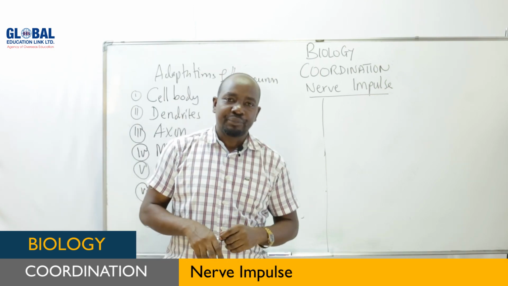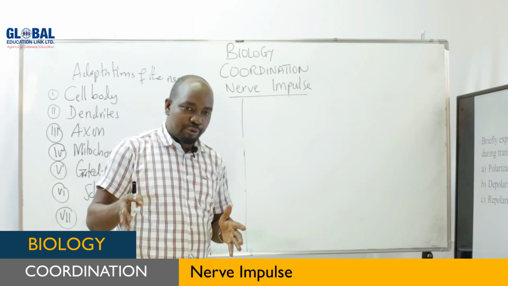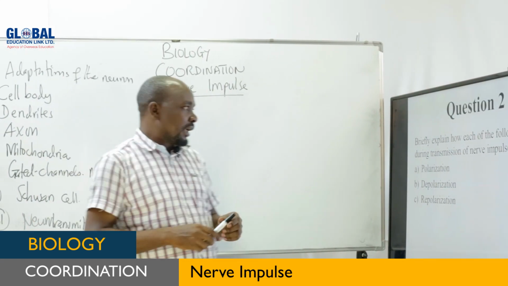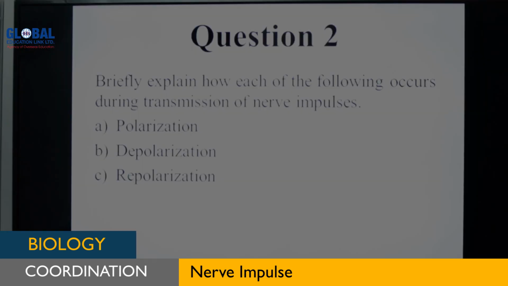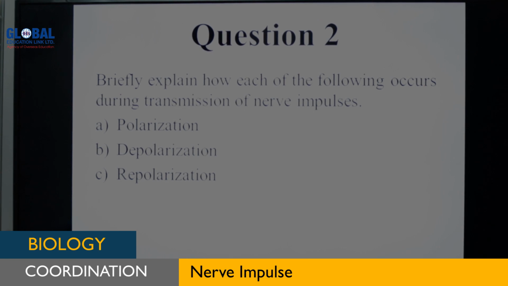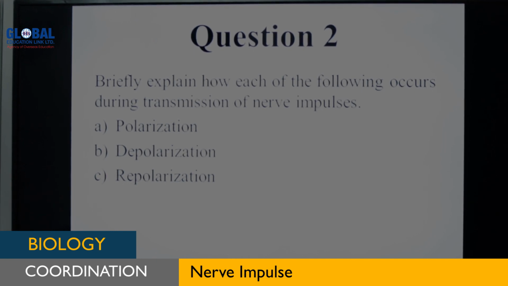Dear student, let us see question number 2 of this presentation. The question reads, briefly explain how each of the following occurs during transmission of nerve impulses. A. Polarization. B. Depolarization.